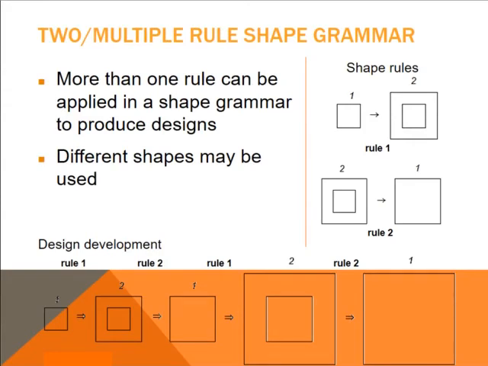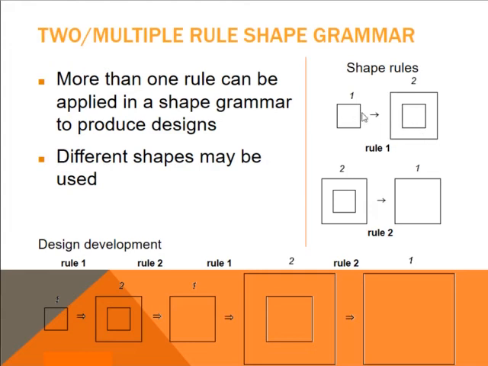So different shapes may be used. I think I've mentioned this last week and also just now. This is not a subtraction rule. Sorry, this is a subtraction rule. Okay, the subtraction rules. At the same time, you only use one shape where you enlarge the shape.